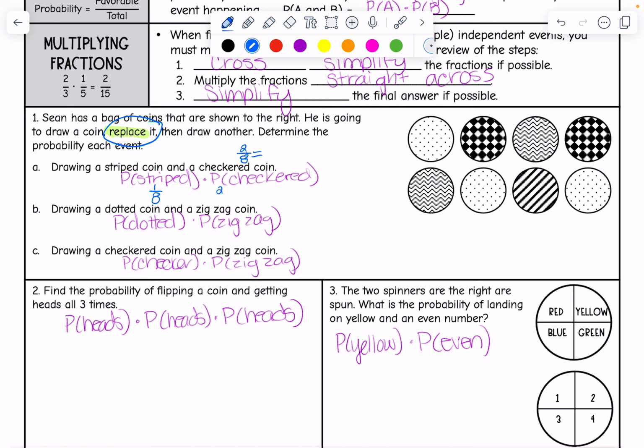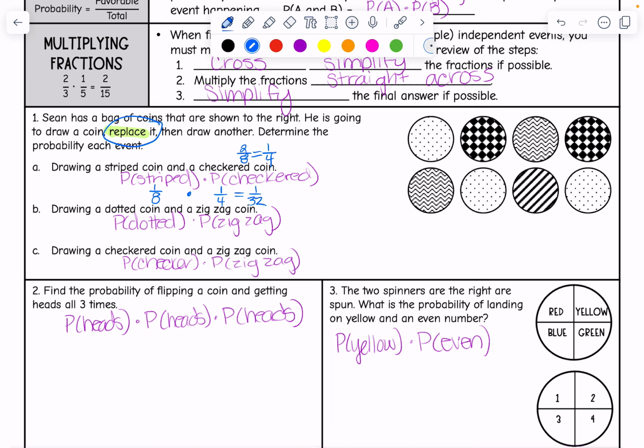I know that 2/8 simplifies to 1/4, so I'm going to simplify it now because that simplifies my problem. If I have 1/8 times 1/4, I'm going to end up getting 1/32.